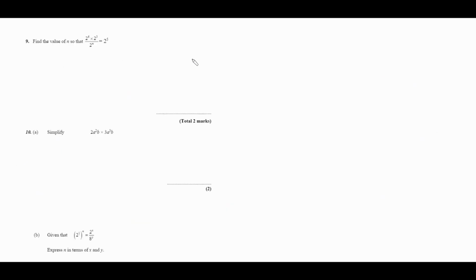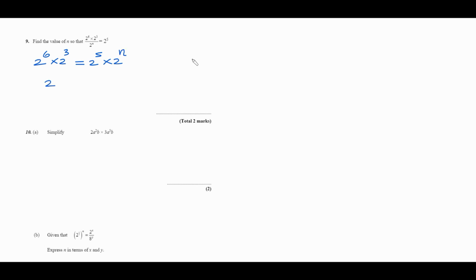Question number 9. Find the value of n so that 2 to the power 6 times 2 to the power 3, over 2 to the power n, equals 2 to the power 5. What we are going to do is cross multiply, so 2 to the power 6 times 2 to the power 3 equals 2 to the power 5 times 2 to the power n.